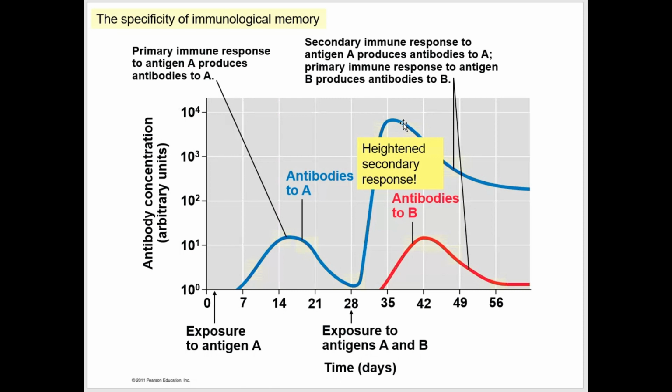And sometimes the response is so rapid that a person might be infected with a particular antigen, but the system clears it out so rapidly that they don't even know they have been infected.